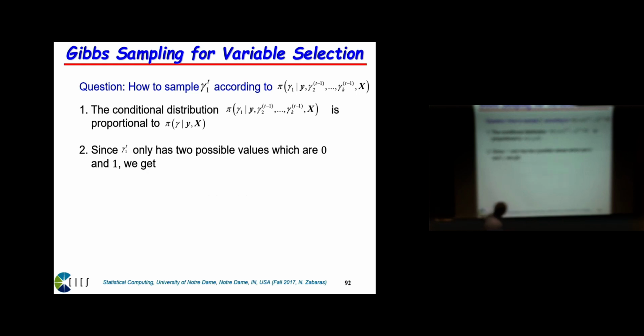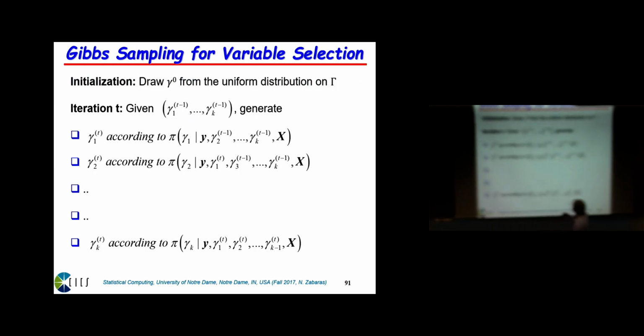So the idea here is this Gibbs algorithm allows us to iteratively calculate samples of gamma 1 and gamma 2 and gamma k. And when you iterate this, after a number of iterations, maybe hundreds or thousands, the samples that you will get will actually be samples from the posterior of the joint distribution of gamma 1, gamma 2, gamma k. Which means, if you use the samples to do Monte Carlo estimates, you can see how many times variable 1 was on.